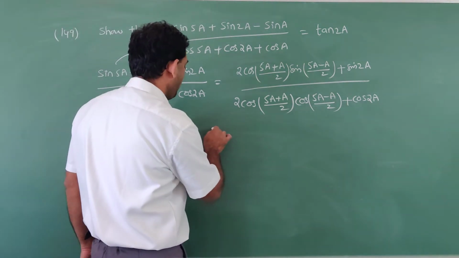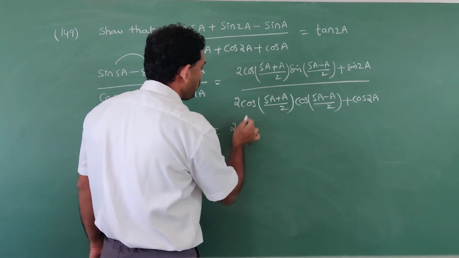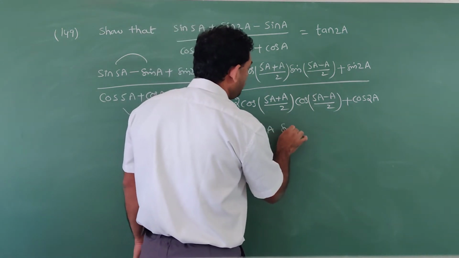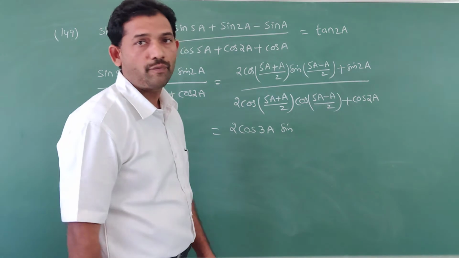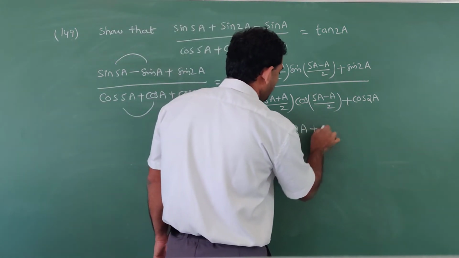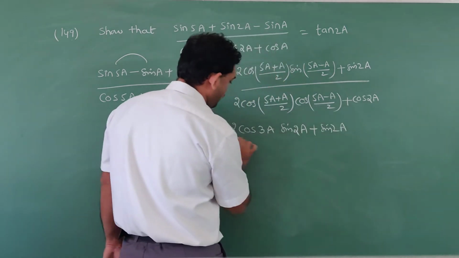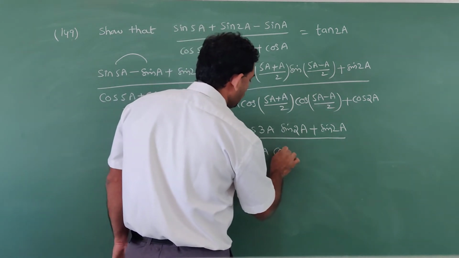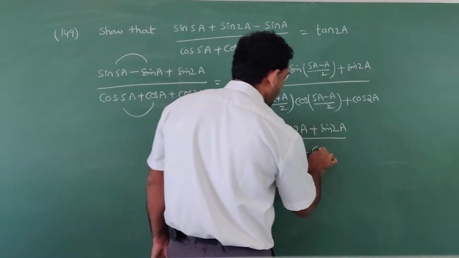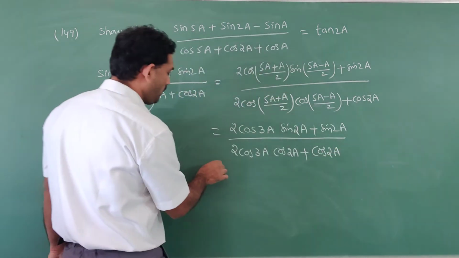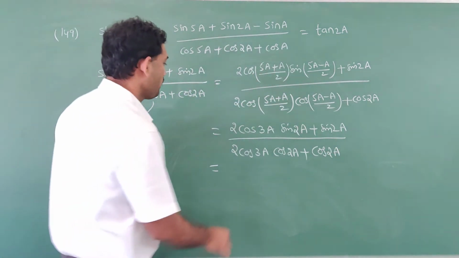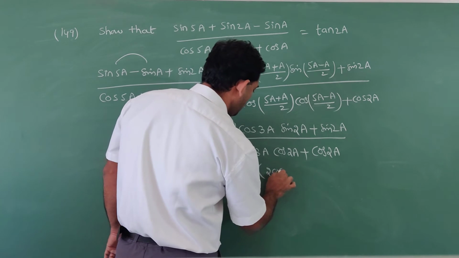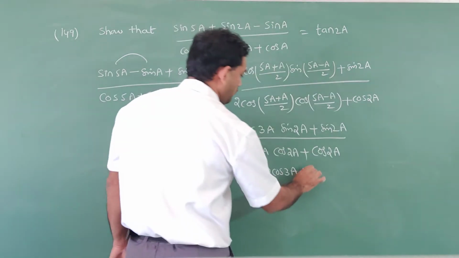Next, simplify. 2 cos of (5a+a)/2, 6a by 2 means 3a. Second, sin of (5a−a)/2, 4a by 2 means 2a, plus sin 2a, divided by 2 cos 3a cos 2a plus cos 2a. So what value is common in the numerator? Sin 2a is common, remaining 2 cos 3a plus 1.